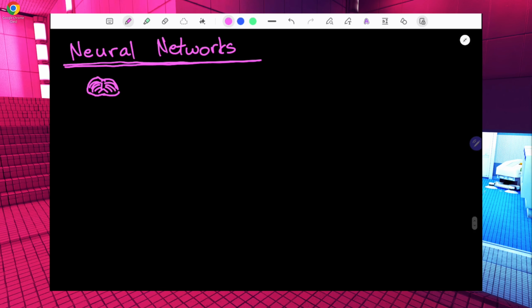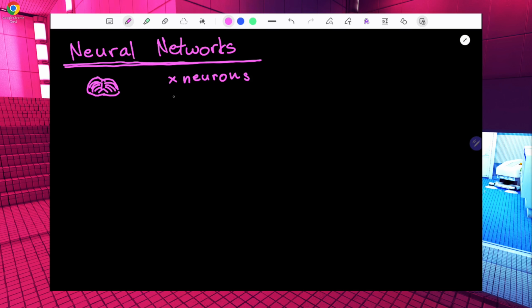Okay, so what are the characteristics of a neural network? We have something called neurons, that is the place where information processing occurs.